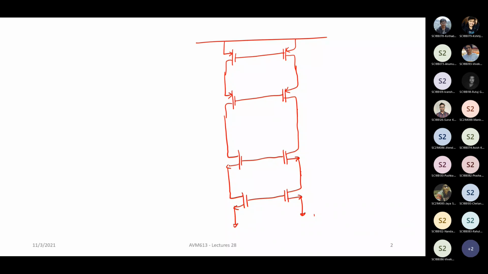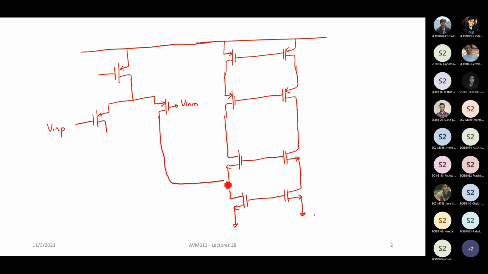So this is the cascoding part with the current sources. Let us start off with the PMOS input pair, and we had this kind of a structure.